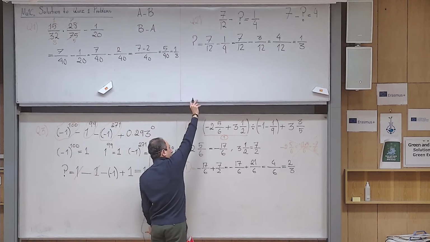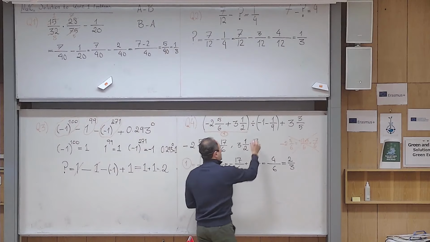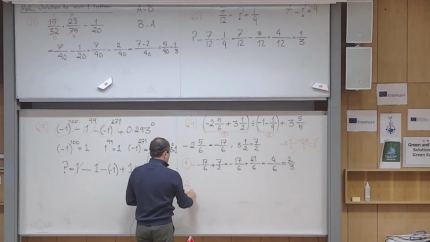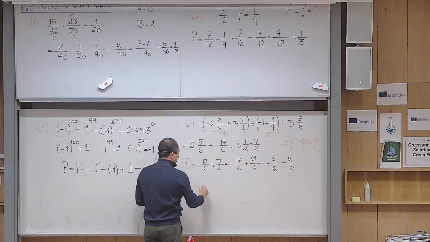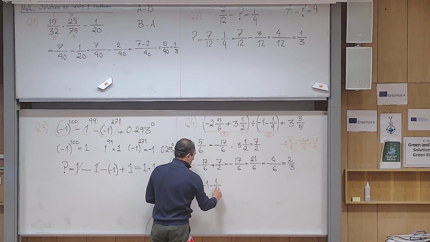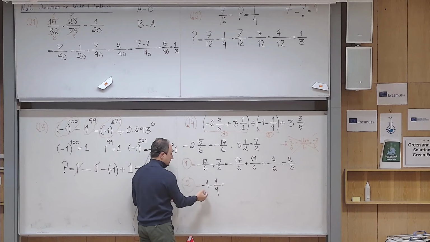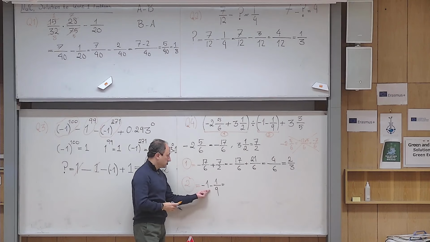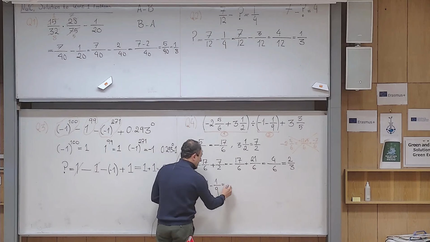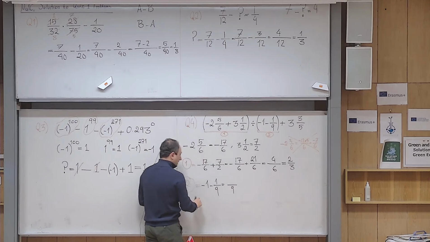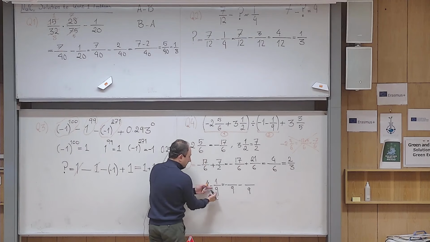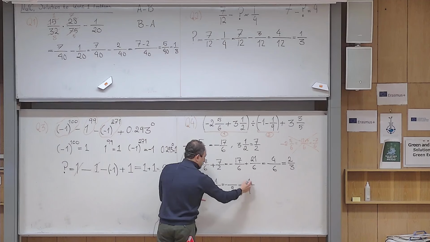For the second part, let me call this number 2. Minus 1 over 9. This is very simple. Instead of minus 1, I have an invisible denominator, which is 1, but I want the common denominator to be 9. So I have a minus sign here, I put a 9, minus sign here, I put a 9, and nothing has changed here, so I'm not allowed to touch the numerator.